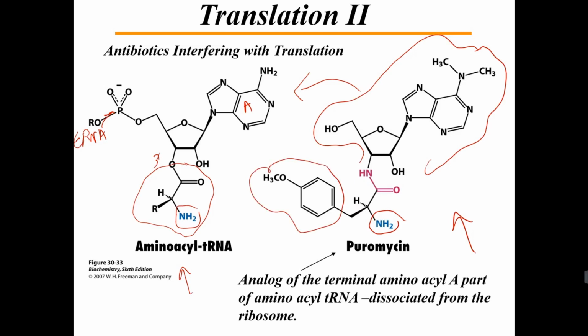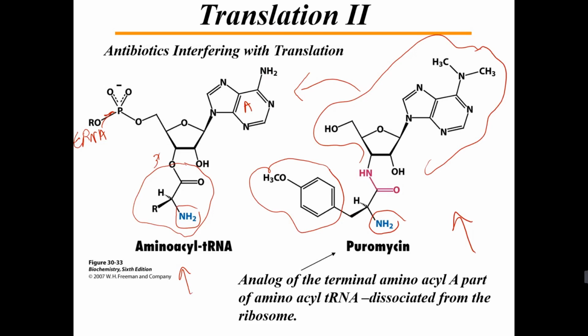One thing I want to point out here, so again, it resembles the aminoacyl terminus of an aminoacyl tRNA. Its amino group actually joins the carbonyl group of the growing polypeptide chain, as we'll see in the upcoming slide, to form an adduct that will dissociate from the ribosome.